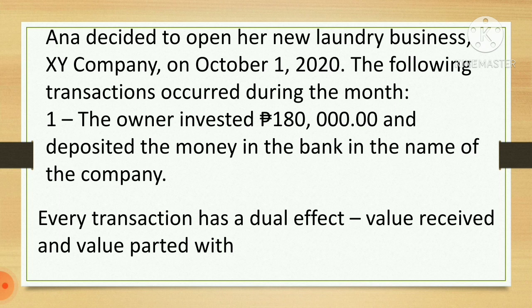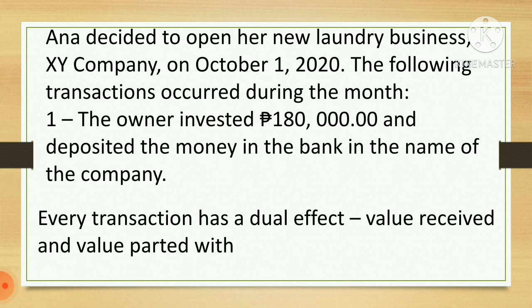So, to better understand that also, let's have another example, a very simple example. Imagine you want to buy candy. You want to buy 5 candies. So you went to a store. So in order for you to get the 5 candies, what will you give to the seller? Of course, you will give your money.